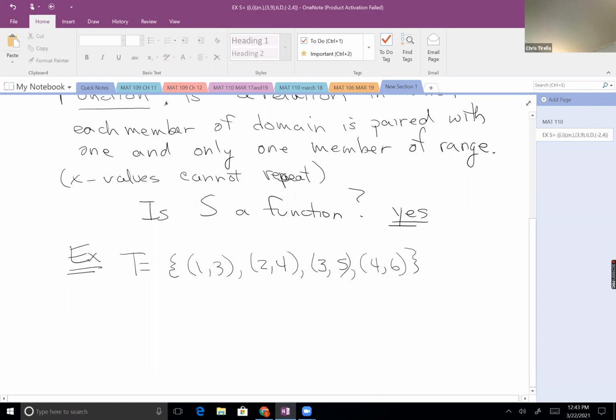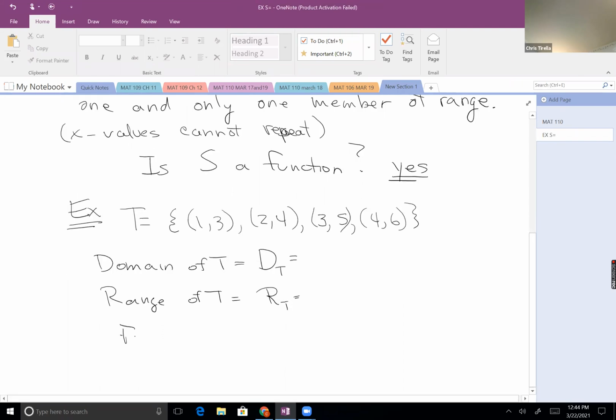I'd like to ask you folks to please find the domain of T. Sometimes you see D for domain, with a subscripted T. Then the range of T, which would be R with a subscript of T. And I want to know, is it a function?